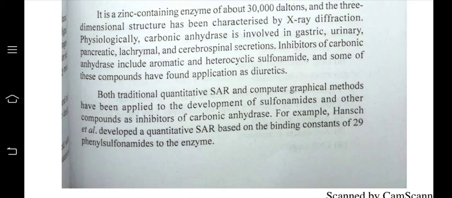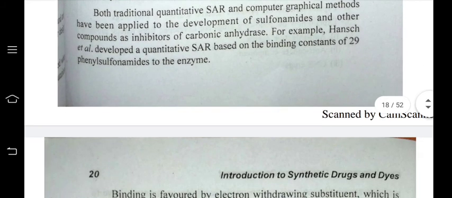Inhibitors of carbonic anhydrase include the aromatic and heterocyclic sulfonamides, and some of these compounds have found application as diuretics. Both traditional quantitative SAR and computer graphics methods have been applied to develop the sulfonamides and other compounds as inhibitors of carbonic anhydrase.